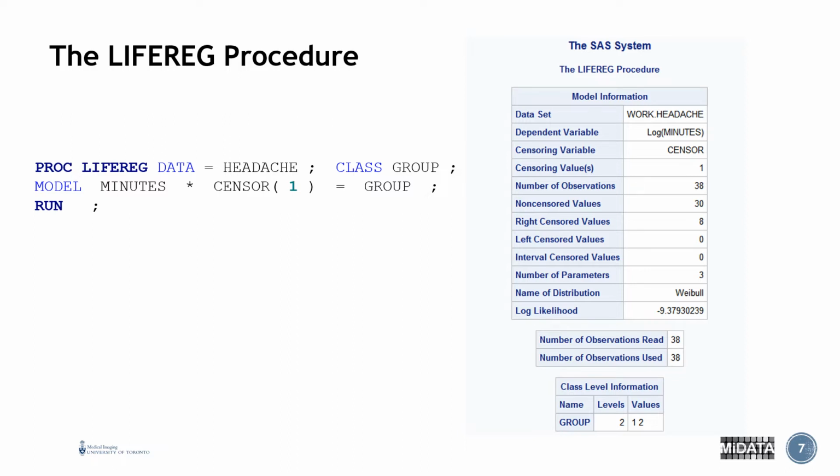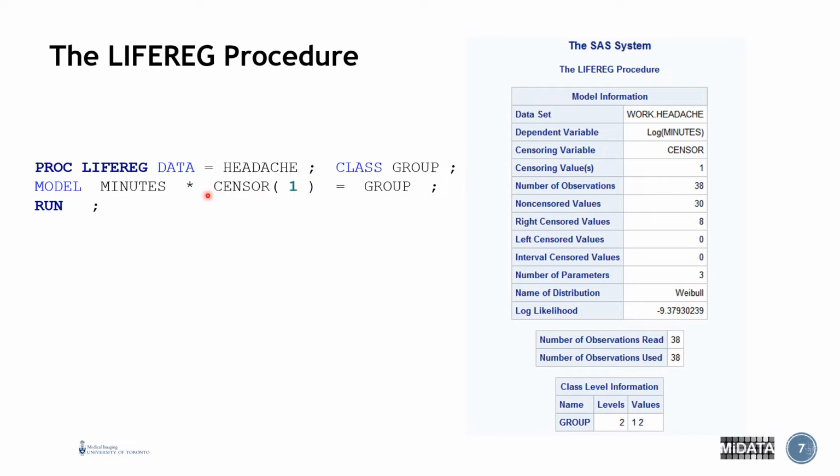And inevitably, you will recognize immediately that it looks very much like PROC GLM, General Linear Model, and for good reason, because we are performing regression. Now, there are a few differences. One is your outcome is, of course, time in minutes, but you need to tell SAS for each subject whether or not they were censored.